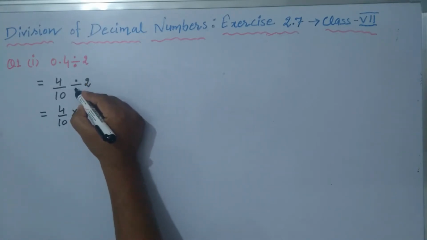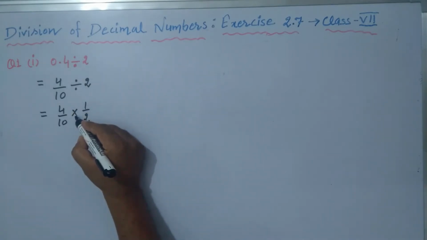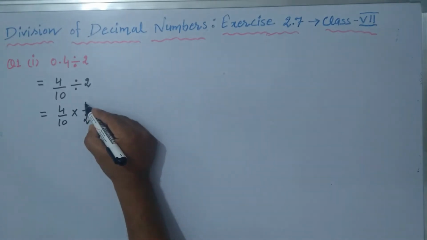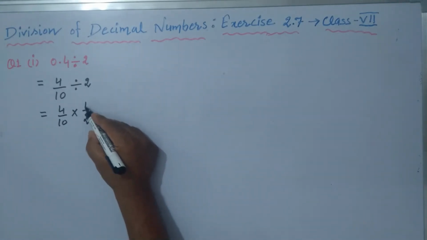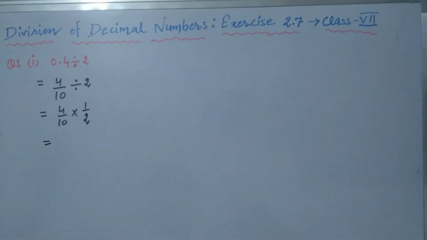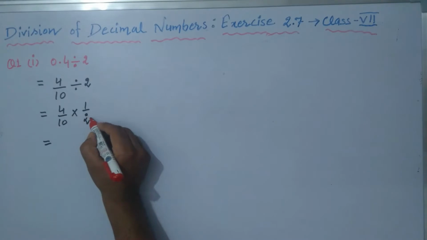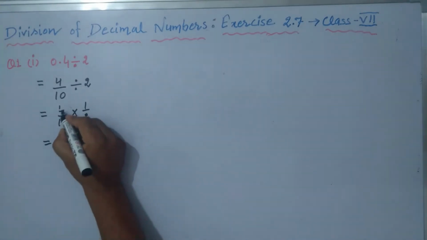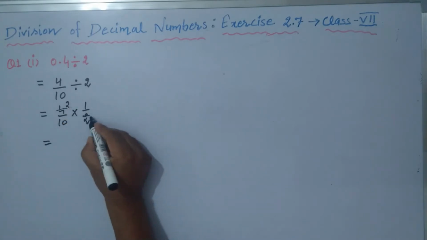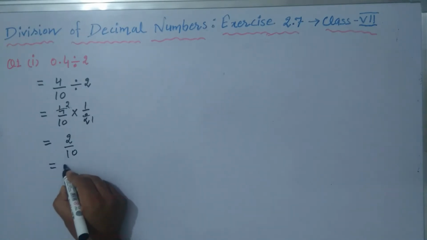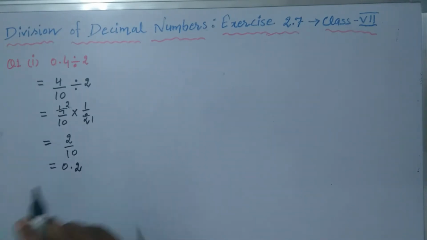When the divide sign is converted into a multiplication sign, then this 2 will become its reciprocal form 1 upon 2. So this way now we have 2 ones are 2 and 2 twos are 4. So this becomes 2 upon 10. That means 0.2 is the answer.